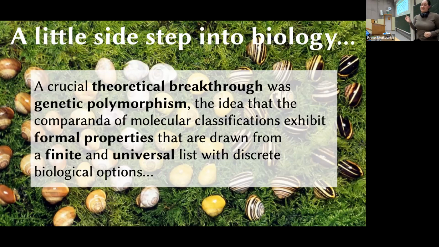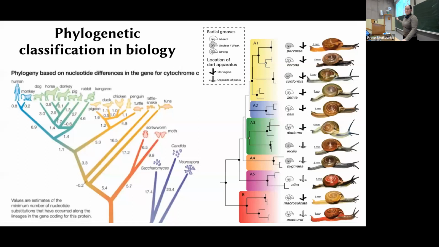And those lists have discrete biological options. This is the point that actually made it possible for biology to produce all these beautiful trees of your snails or whatever you want to look at, right? But it was not until that breakthrough, when people started to look at formal properties, and I think that is very crucial.